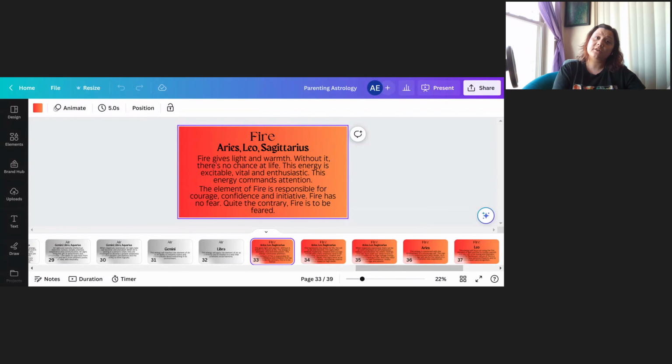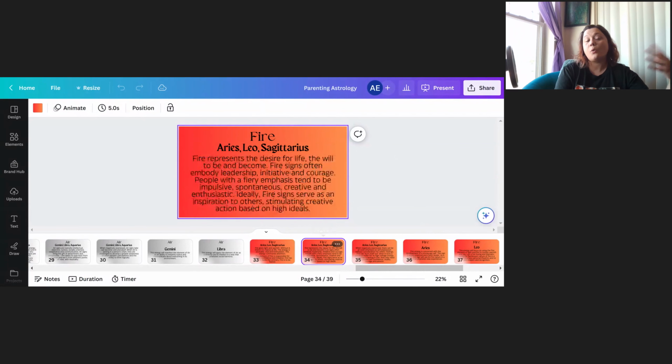So if you notice that there's an element missing in your child's chart, try and find ways to incorporate that. Like I said, with water, making sure to stay hydrated, taking baths, going to the pool, and really connecting to that, going out to the lake and just sitting there, going for a walk at the lake. All of those things are great ways if you are lacking a certain energy in your life.